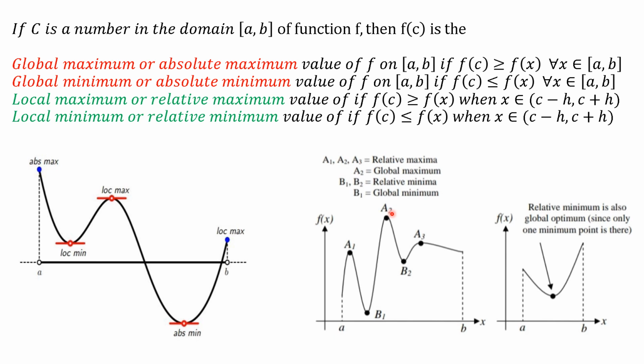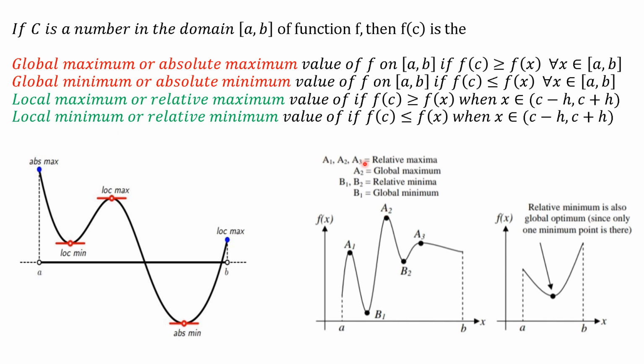The greatest one would be called the absolute or global maximum, and the least one, here B1, would be called the absolute minimum or global minimum. Of course, A2 is local or relative maxima, but it is also global maximum.